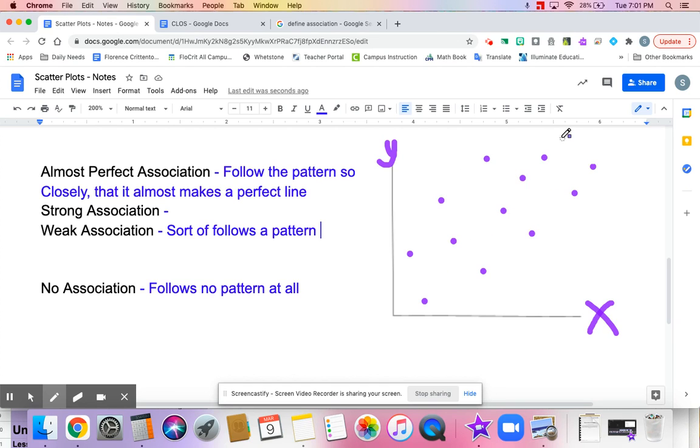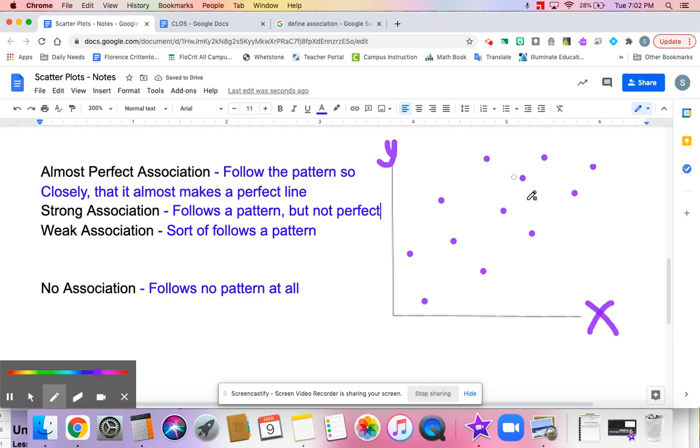It's very weak, but it's still happening. So this would be considered a weak association. What makes it stronger is if the points are closer together and it's following the pattern more. Follows a pattern, but not perfectly.